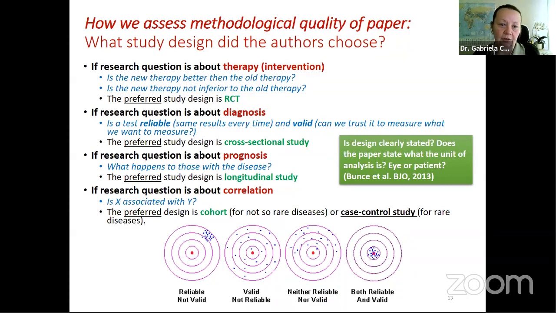If the research question is about diagnosis, like glaucoma, the preferred study is a cross-sectional study, but it can also be a randomized controlled trial. If the research question is about prognosis, then of course you need a longitudinal study, because you want to know the prognosis of the patient if the patient is left untreated. And if the research question is about correlation, like, for example, the capillary non-perfusion study, the preferred design would be a cohort, preferably prospective, or a case control study.